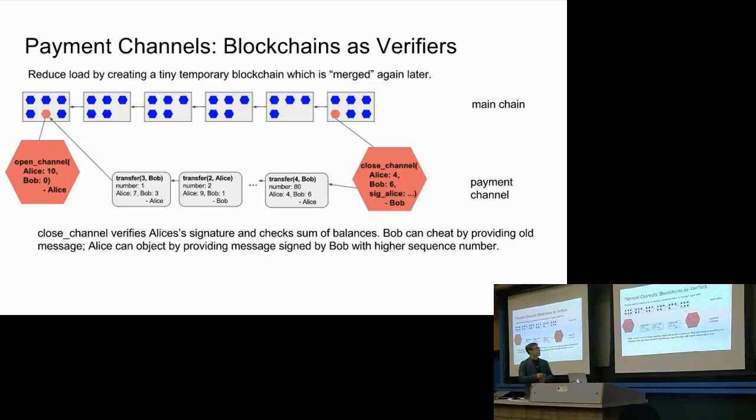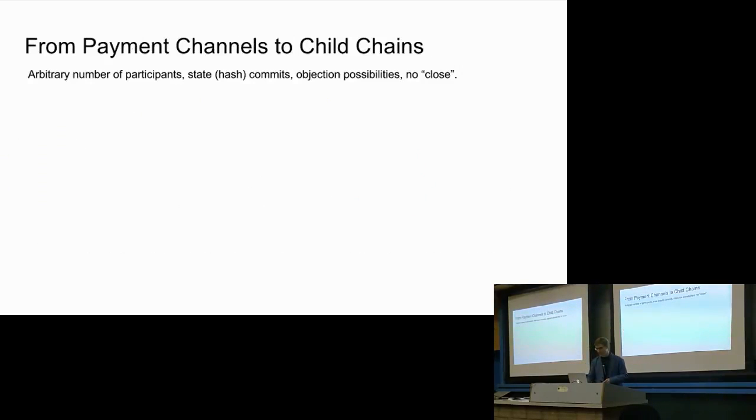Okay, we saw that some of the transactions in the main chain were removed. They were moved here. But the blocks are still quite full here, and the reason for that is we can use payment channels only between two people. If we want to allow an arbitrary number of participants, we have to go to something called side chains or child chains or whatever you want to call it.